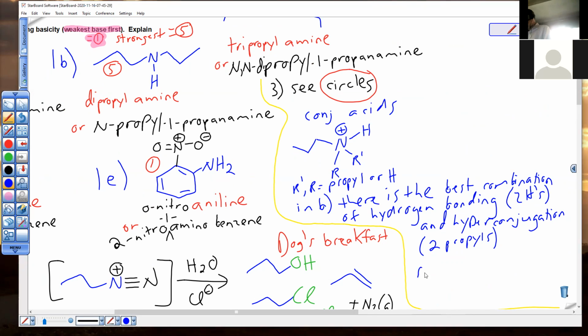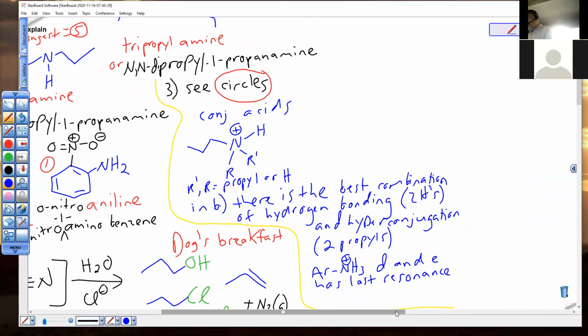ArNH3+ found in D and E has lost resonance of N lone pair with aromatic ring.